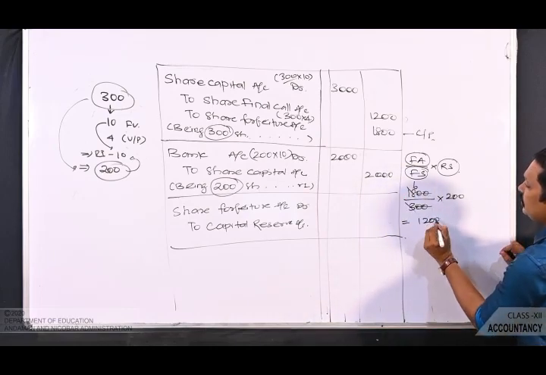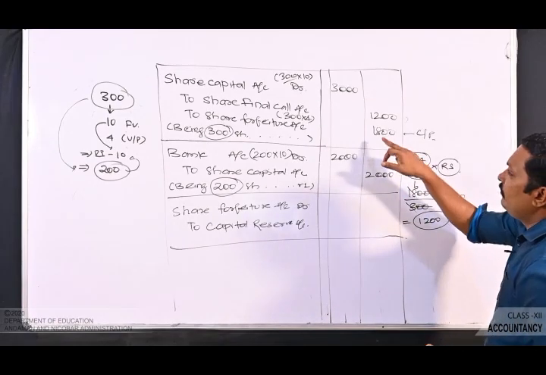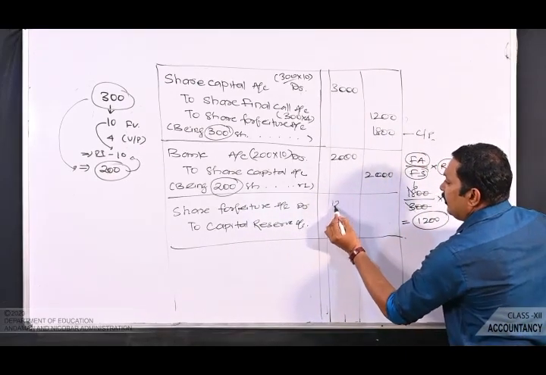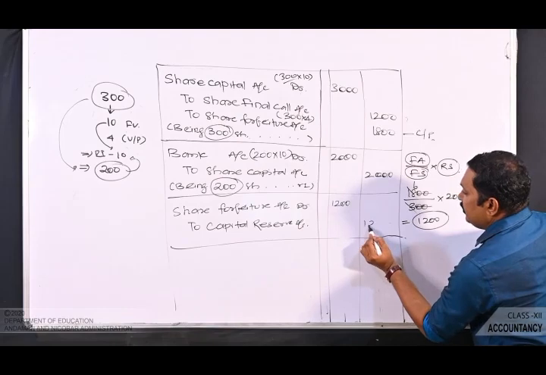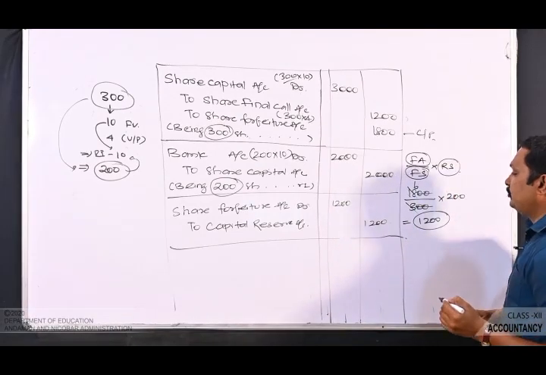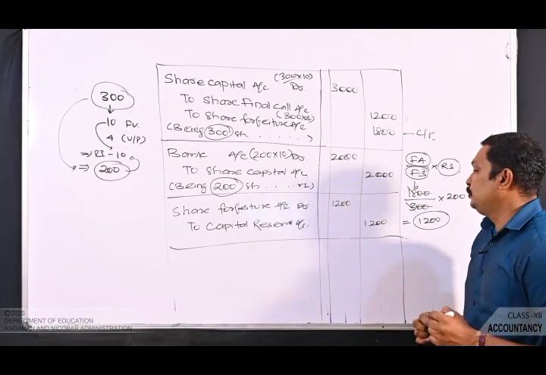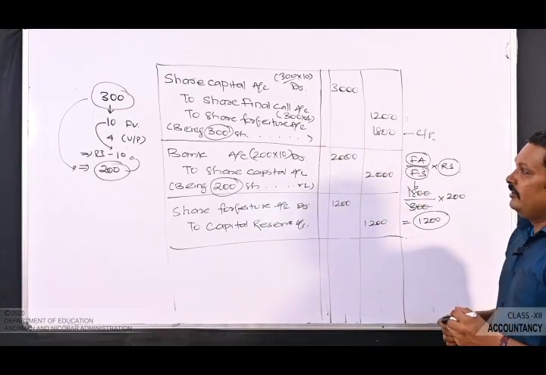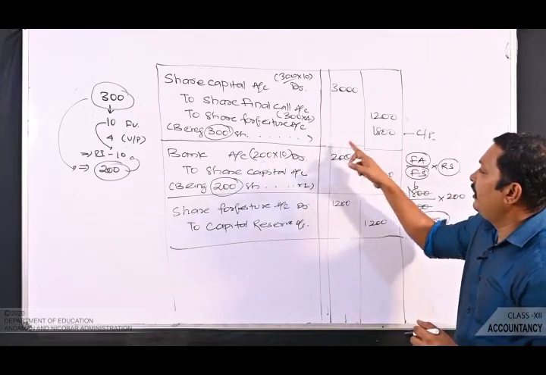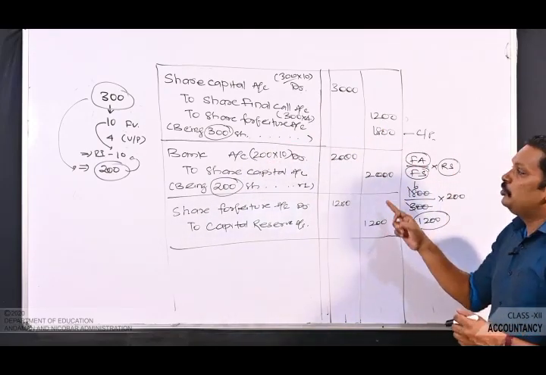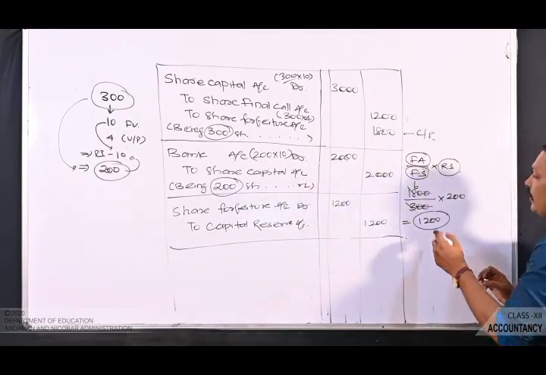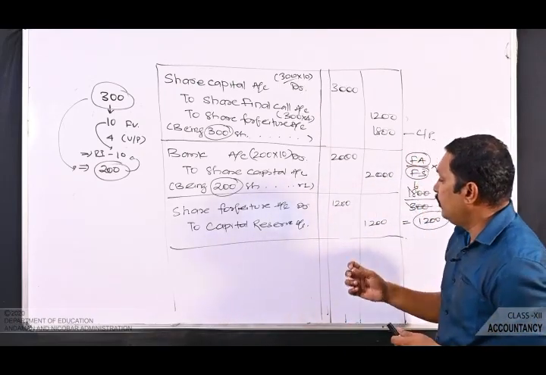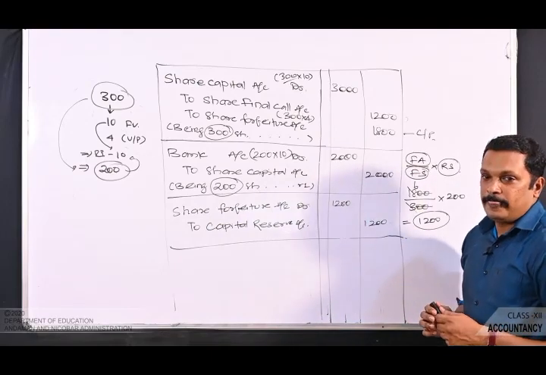So 1200. So we can't write directly 1800 here. So we have to convert the forfeiture amount in the proportionate amount as 1200 as per the reissue. So we have to write 1200, not 1800. In case we reissue 300 shares, we can write directly 1800 here. But we reissue only 200 shares. So we have to convert that forfeiture amount as per the reissue. So we got the amount 1200, right?